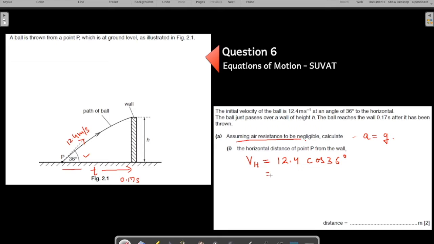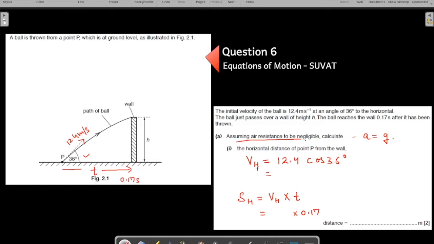Calculate it in your calculators. You'll get a number here. And then what you have to do, you have to find the horizontal distance. Horizontal distance, let us call it SH. Horizontal displacement, which will be VH times T. The T value we know is 0.17 seconds.